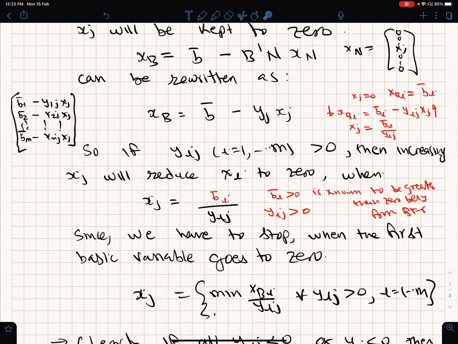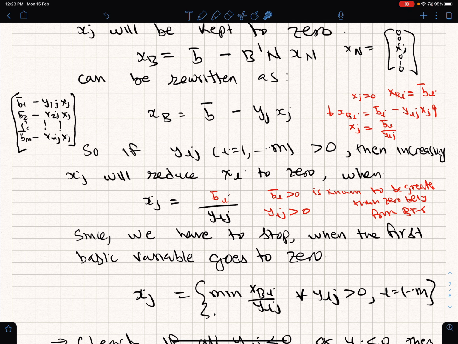Now look, as I increase xj, if some yij is positive, then what happens? This number is positive, and I am increasing xj. So what will happen to this difference? It will start reducing. So if yij is greater than 0, the corresponding basic variable will start reducing, and finally, when will it become 0?